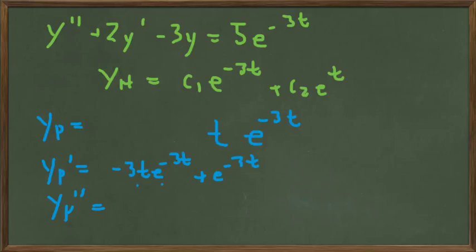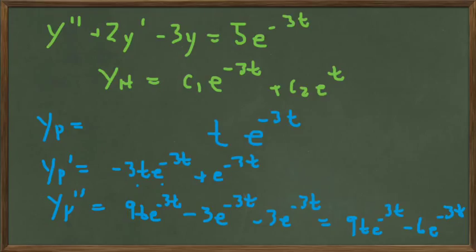first times derivative of the second here would be what? 9t e to the minus 3t. The derivative of the first times the second would be minus 3 e to the minus 3t, and then the derivative of the second term would also be minus 3 e to the minus 3t.